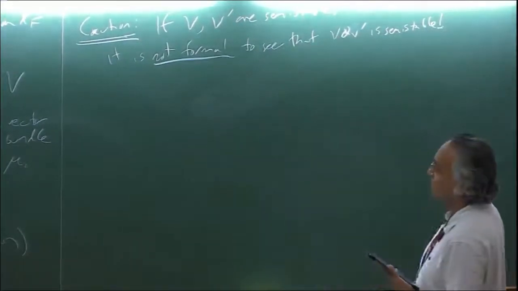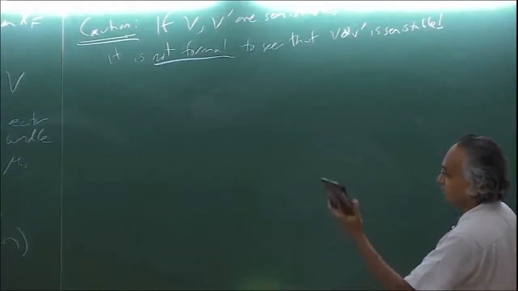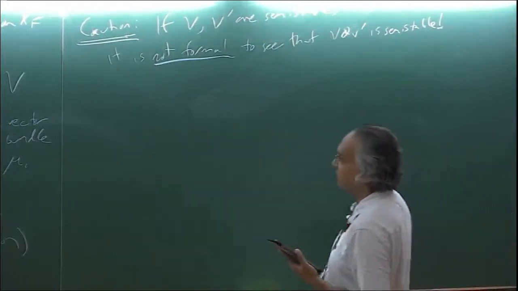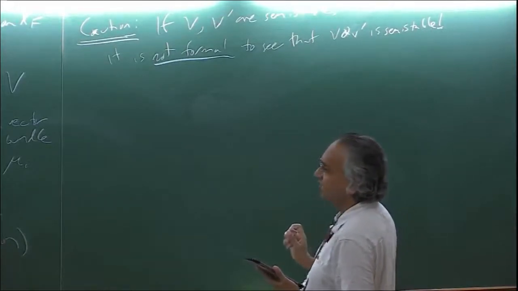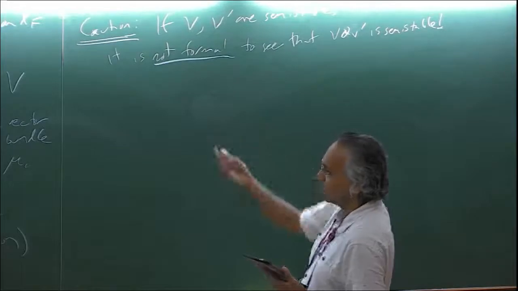That is not a formal consequence of just the axioms. And in fact, to convince you that it's not formal, I can point out that this is true in classical vector bundle theory.